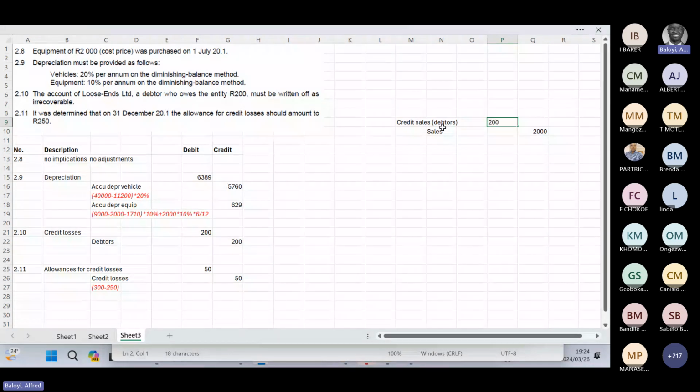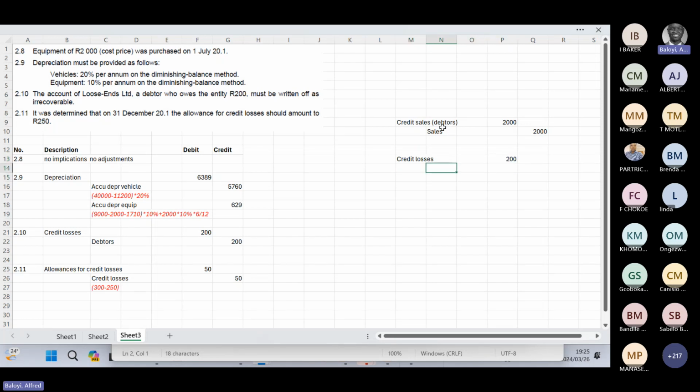So 2,000. A provision for credit losses is where you are saying of this 2,000, it can be given as a percentage, you may say that you believe that 10% of them are not going to pay. So if you say 10% are not going to pay, you will have an expense for credit losses, and it will be 200.